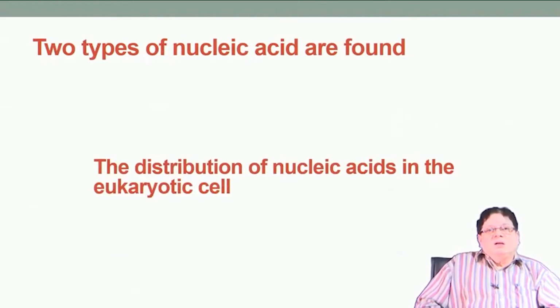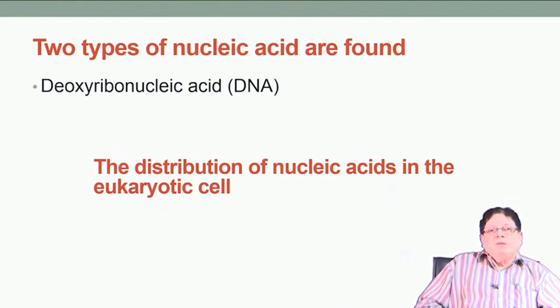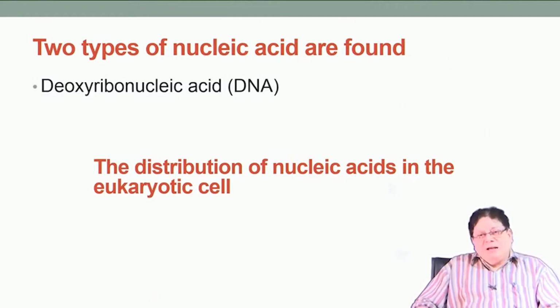Now, two types of nucleic acids we know are there, and one is deoxyribonucleic acid, that is the DNA, that is usually the compound which stores the information of making the required molecules to perform certain functions.